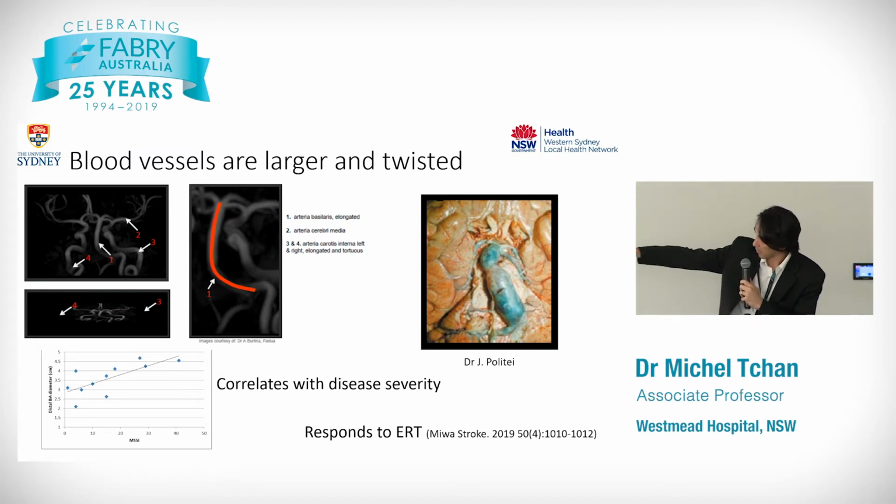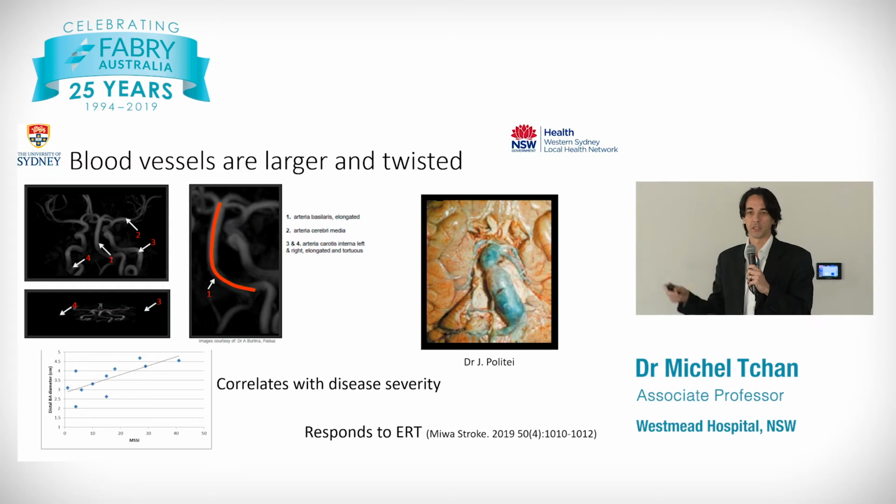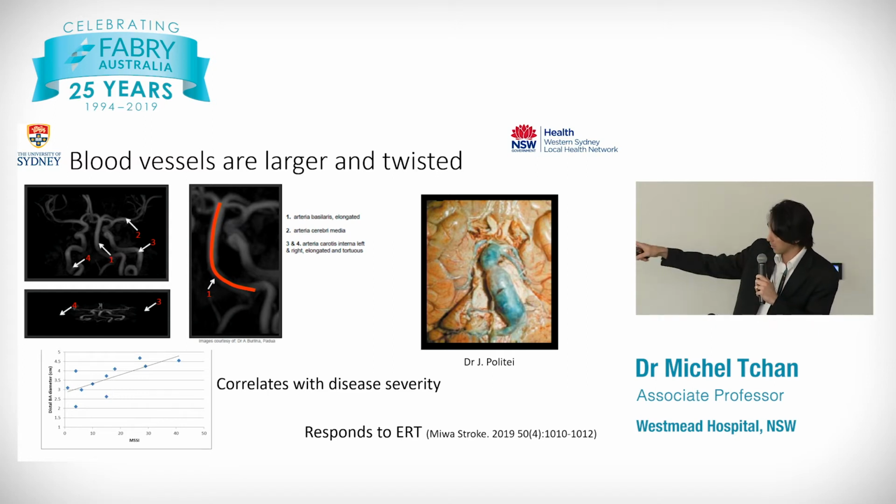That little graph down on your left is some data from our own group here, and what we've been able to show is that the size of that basilar artery when we do the MRI scans actually does correlate with disease severity. There's a score called an MSSI score, which looks at things like is the heart involved, are the kidneys involved, what is the disease severity in a particular person, and we can see that it correlates with the diameter of the basilar artery.